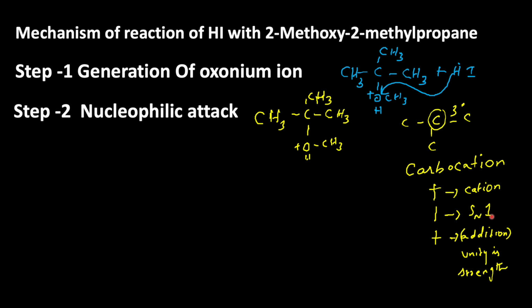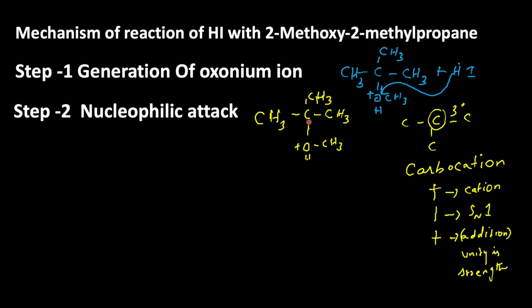So just imagine that whenever a carbocation comes, it also follows the SN1 mechanism. Then again the plus sign indicates addition. Addition means more number of people. So whenever there are more number of people, it is like unity is strength. So these 3 things you always remember: cation, SN1 and unity is strength.